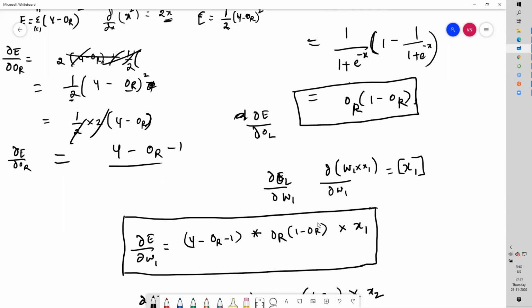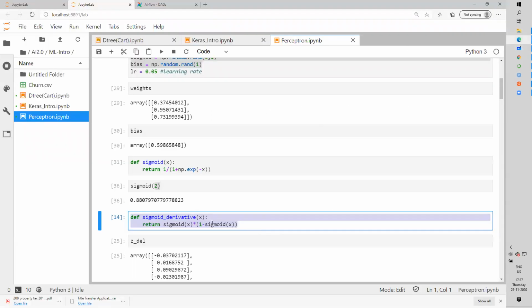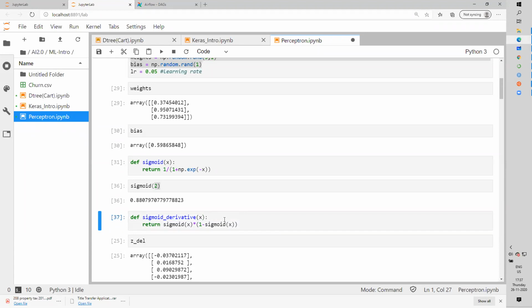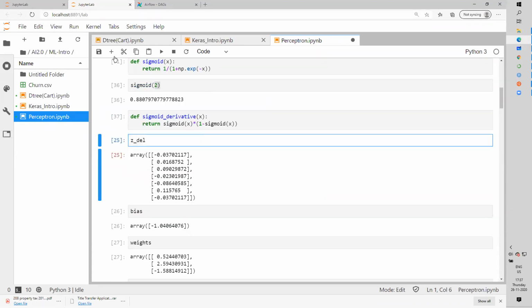The only complexity is in this, so that is why I am defining this function. The derivative of a sigmoid, I am naming it sigmoid derivative, takes one input and returns that input into 1 minus that input. So this is the derivative part. Okay, fine. So we have the derivative of sigmoid also defined.